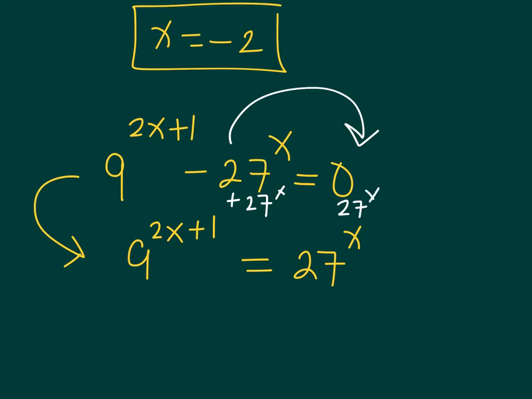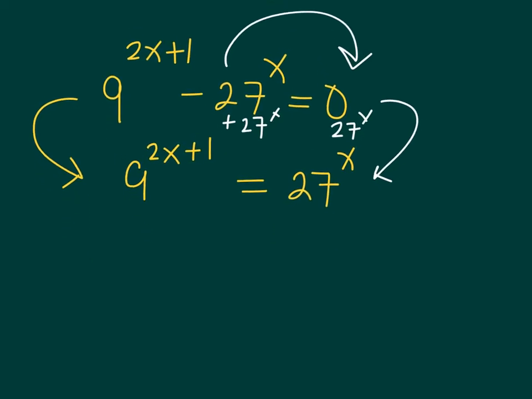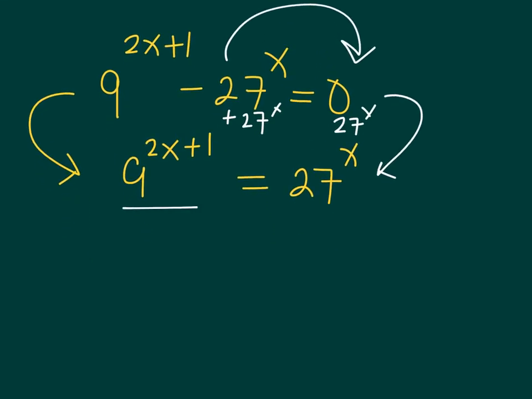And that will make the equation 9 to the 2x plus 1 equals 27 to the x. And as you can see, this is similar now to the examples that we were solving earlier. So again, going back to the main idea, the bases must be the same.